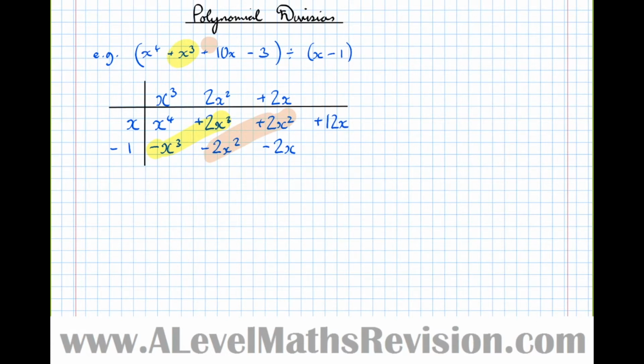So now we've got our 10x's. In order to do that, what has to go here has to be a plus 12. That's the only way. So x times plus 12, that's the only way we can get 12x. And filling this in, we've got minus 12.